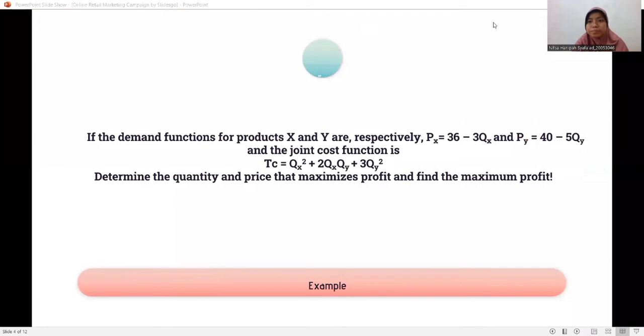Let's recalculate. Just now we got Qx, that is 4.